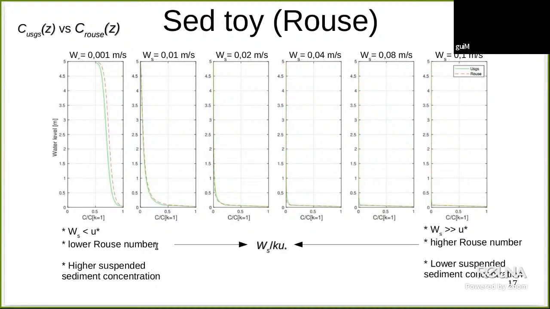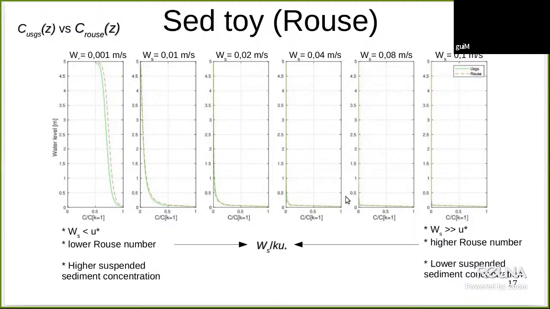Because with lower velocity, you imagine more sediment remains in the water. And the other part, with the mud class with higher settling velocity, we have a higher Rouse number, and so lower suspended sediment in the water.